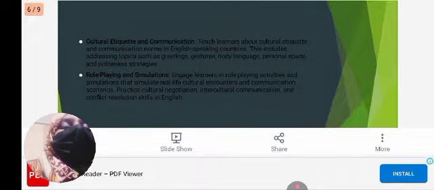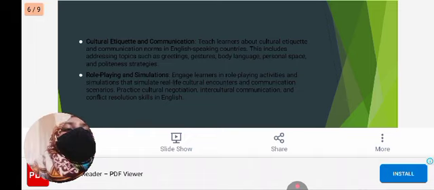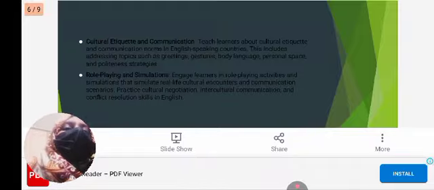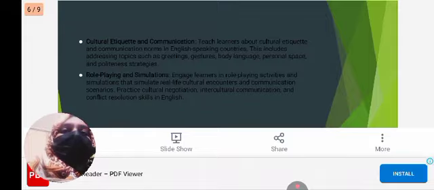Cultural etiquette and communication. Teach learners about cultural etiquette and communication norms in English speaking countries. This includes addressing topics such as greetings, gestures, body language, personal space, and politeness strategies.